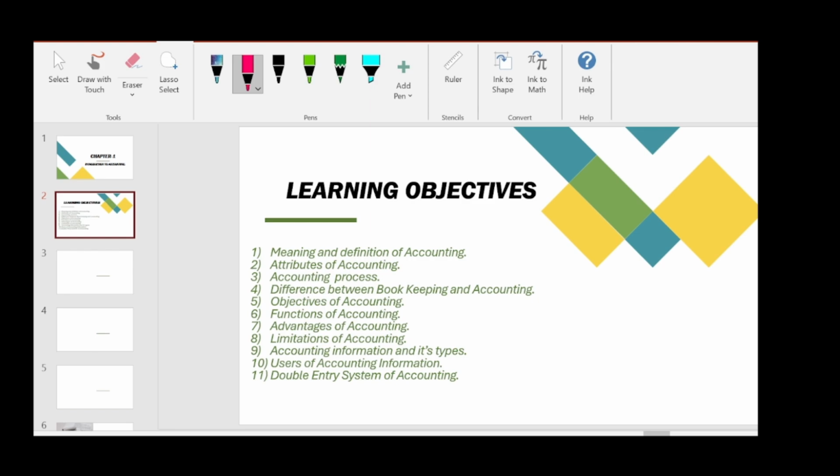All these decisions will be taken based on the financial statements. Financial statements means the trading account, profit and loss account, and balance sheet. Based on these three only, we will take decisions regarding the policies and plans of the business.